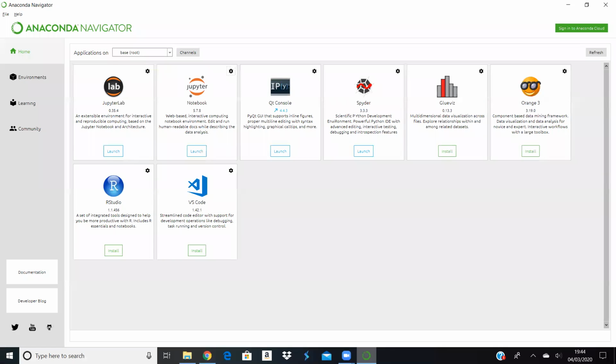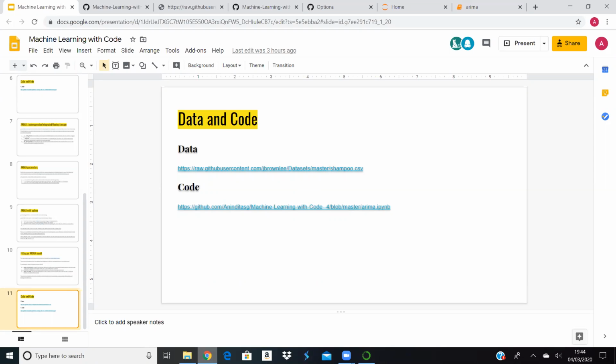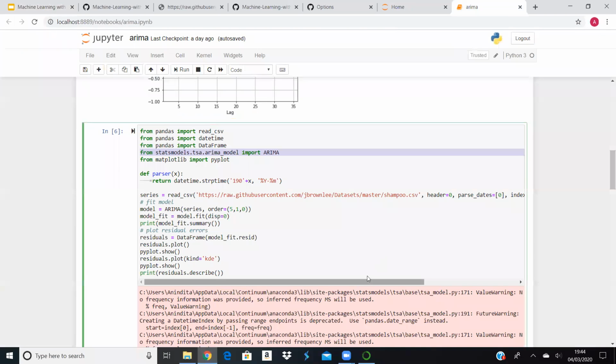So let's go back to our code. Here we have our code. We built it with 5, 1, and 0. So our model has done the analysis and found the pattern. Now we have just added model.fit.